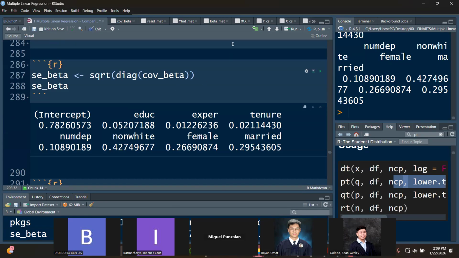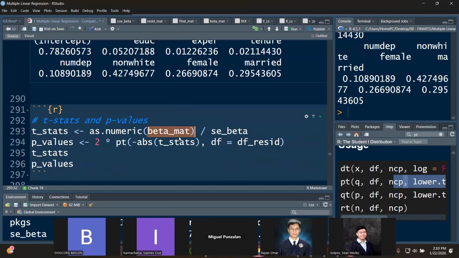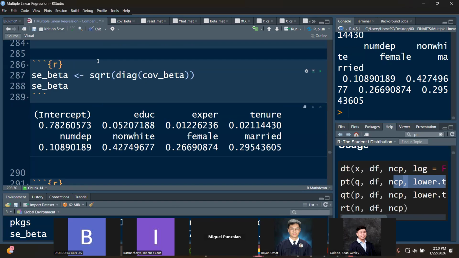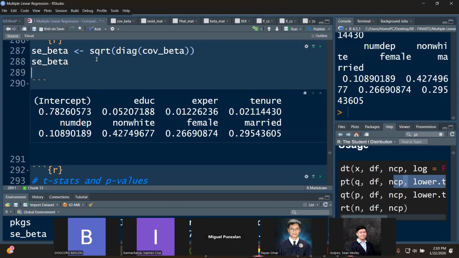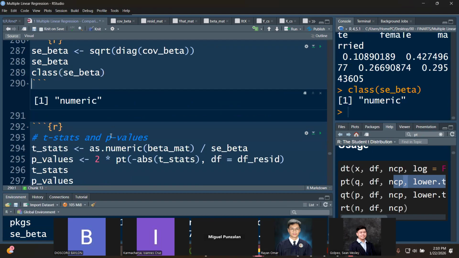Now your beta, class, your beta mat is a matrix, class. Your standard error is also a matrix, class. Let's check. Let's see the class of SE beta. So it's numeric, class.